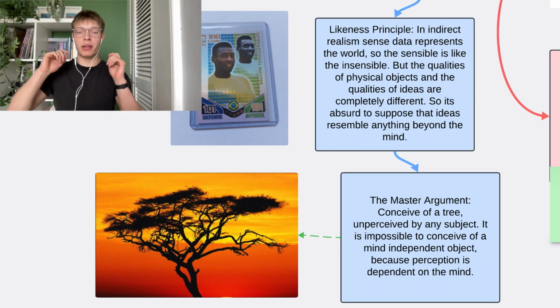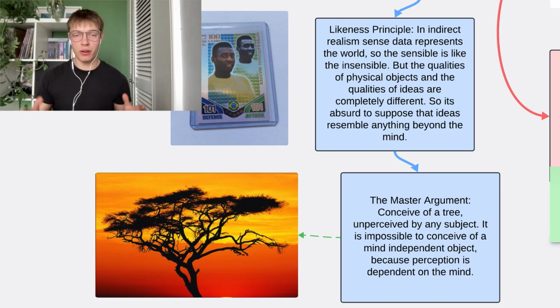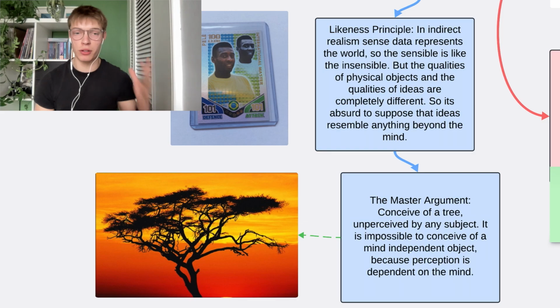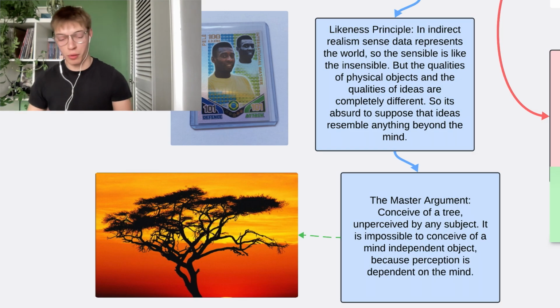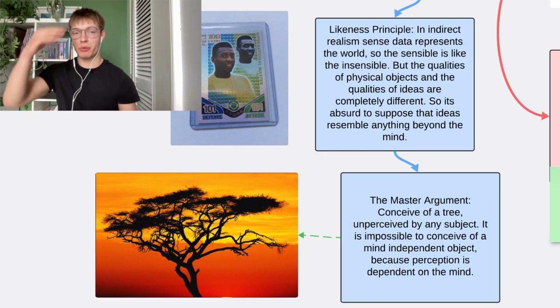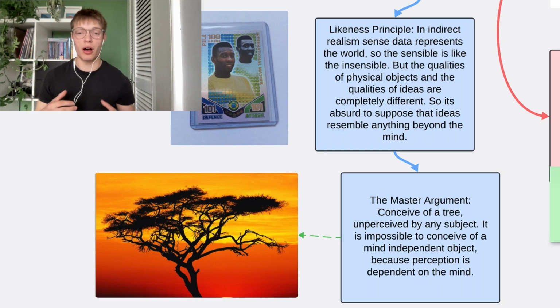Because to think of something, to think of a tree, a mind-independent tree that exists in a forest, to think of that is to have it in your mind. And so it's dependent on the mind. So conceptions of mind-independent objects are impossible. And that's the three working parts of idealism.